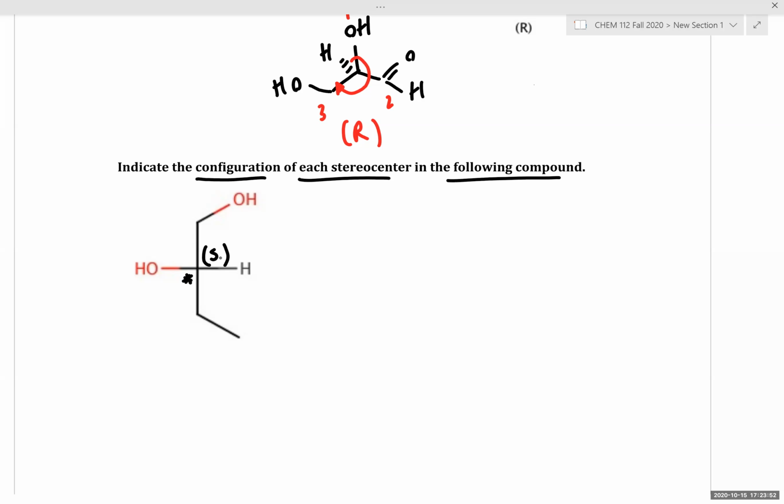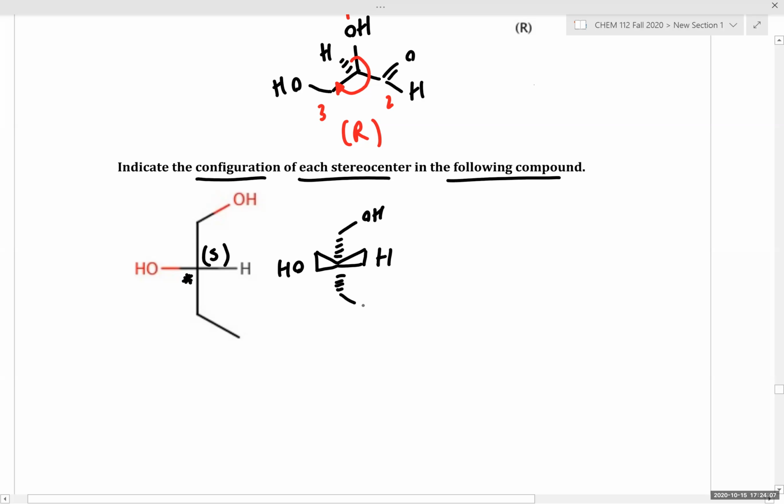So let's look at this example. First and foremost, remember from Fischer projections, all of our horizontal lines are drawn as wedges and all of our vertical lines are drawn as dashes. Okay, so from that we have enough information now to put together a model of our structure.